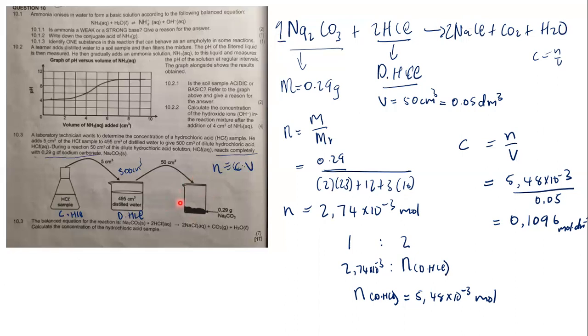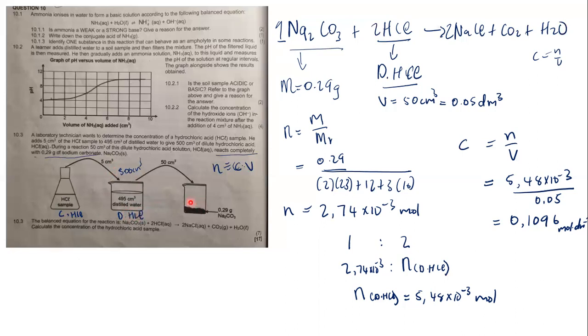In this beaker, we have sodium carbonate and we have a volume of 50 cubic centimeter of hydrochloric acid. But do not forget, this 50 cubic centimeter of hydrochloric acid is diluted. It is diluted because this solution was mainly composed of distilled water and a smaller portion of concentrated hydrochloric acid. Hence we say in this solution of water and HCl, it is a diluted hydrochloric acid.